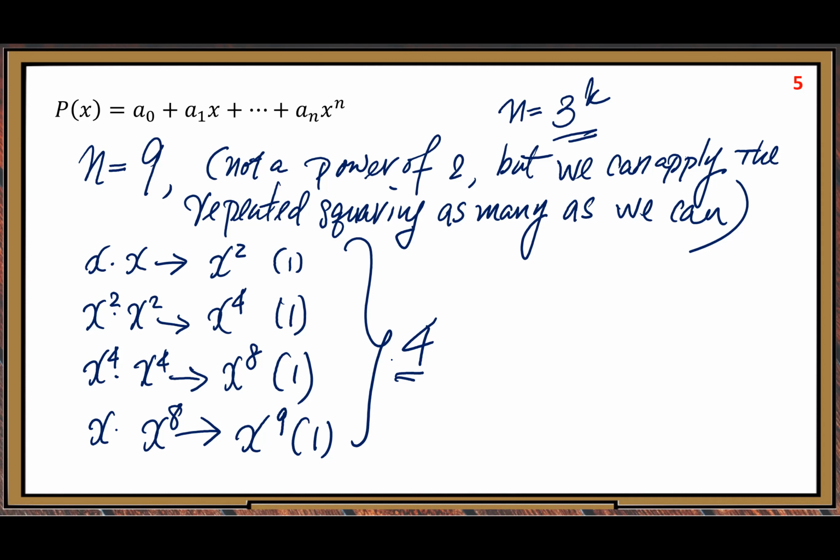The first one is still x times x, giving x squared, the same as before. For the second one, we need to get the cube: x times x squared, we need to get x cubed.